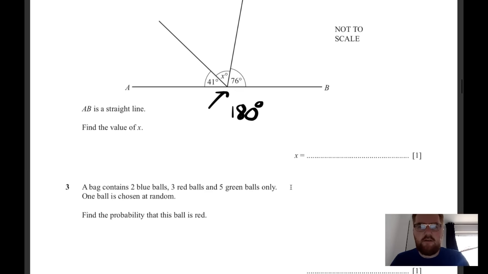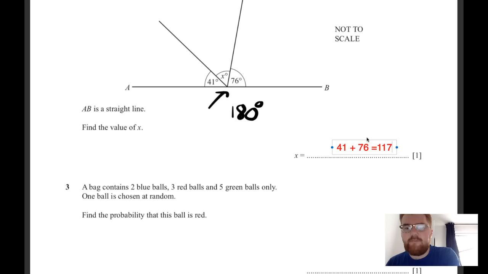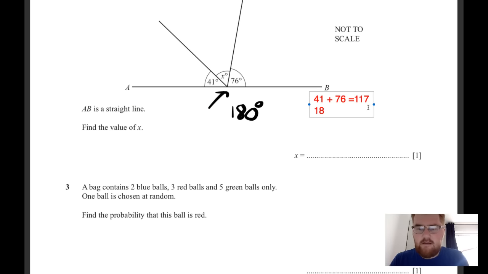Right, so there we are, 180. Let me just double click, it's usually easier. So 41, let's get back to it, plus 76. We add together the angles that we know, which gives us 117, if done correctly. And then finally, we take that 117 away from 180 degrees.